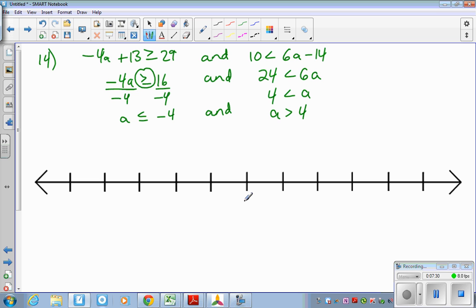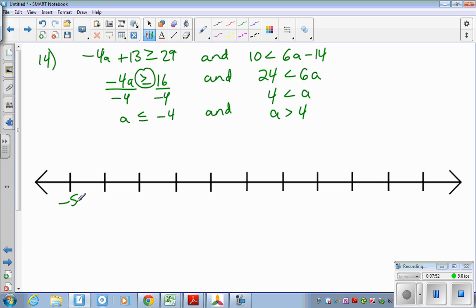This one was a little bit hard, I will be honest with you. So if you want to think about this, how can a be less than or equal to -4 and a is greater than 4? Actually, sorry, this isn't that hard. I read it a little bit wrong. If both of these were 4, this is a little bit tricky, but they're not the same number.